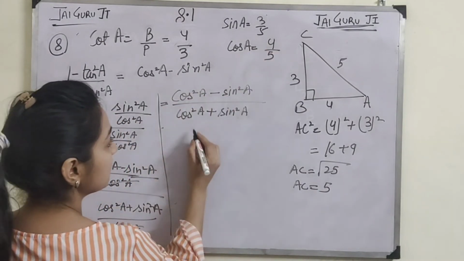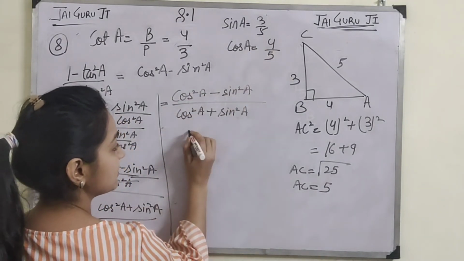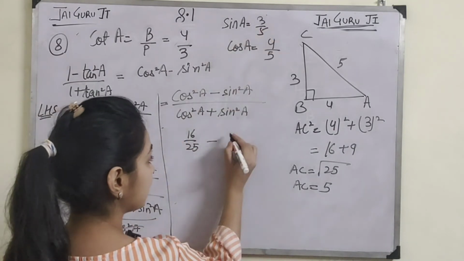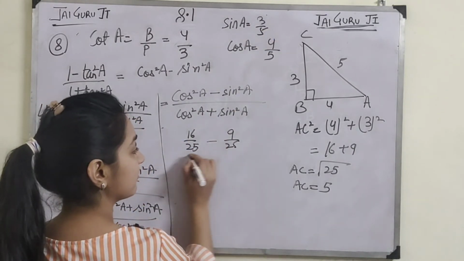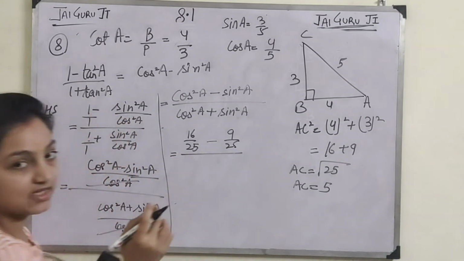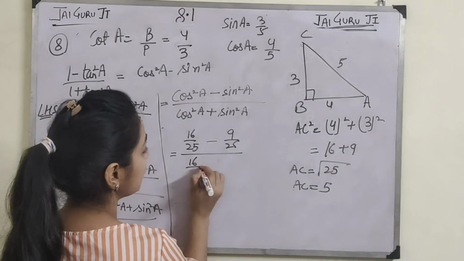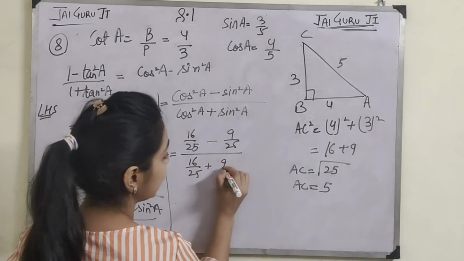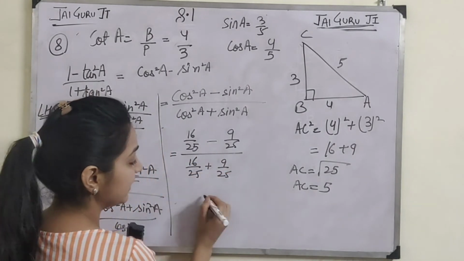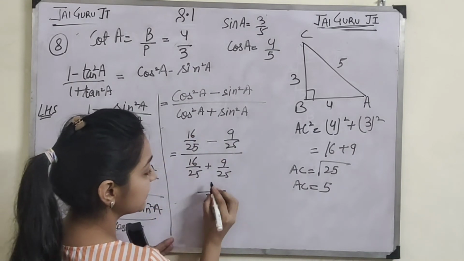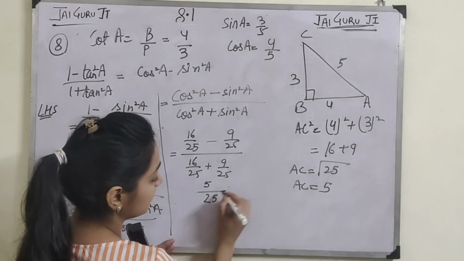Cos square A means the square of 4, that is 16/25. I am writing directly, minus sin square, that is 9/25. I wrote directly because it is easy, the terms are small, it will be quick. Again cos square A plus 9/25. So again 25 is the LCM. 16 minus 9 is 7.